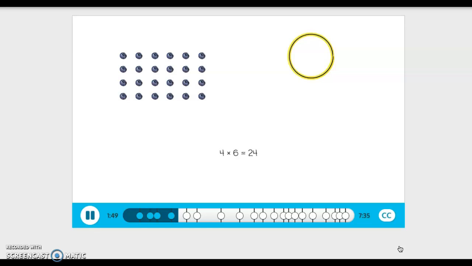The whole circle represents the total number of blueberries. We can draw part circles coming from the total to represent each row in our array. Finish making parts to represent the 4 rows.